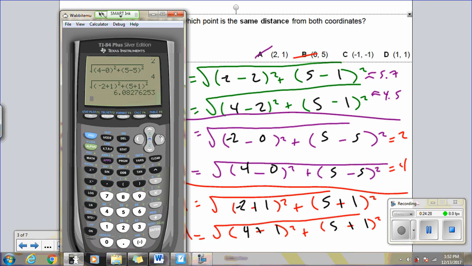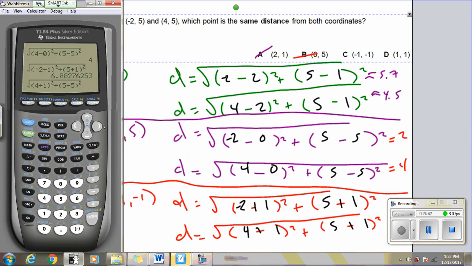Enter. Now I need to copy this one with 4 leading. And again, change those to plus 1s. Plus 1 there, and plus 1 here. Before I hit enter, does it look like my page? Yes.